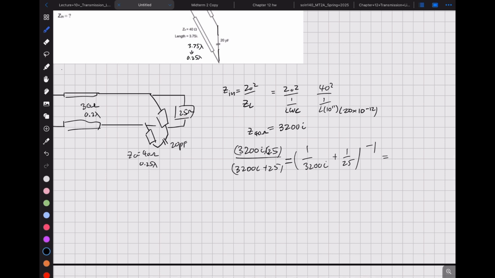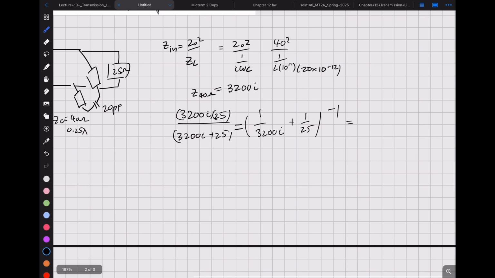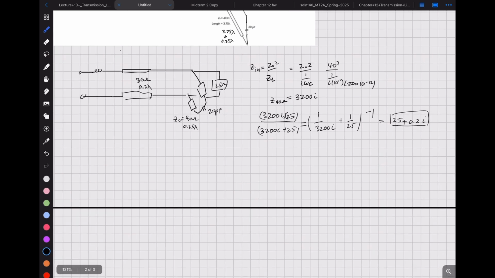So what we get is 25 plus 0.2 j. So this is going to be this part of it. So let me do it in purple: 25 plus 0.2 j.